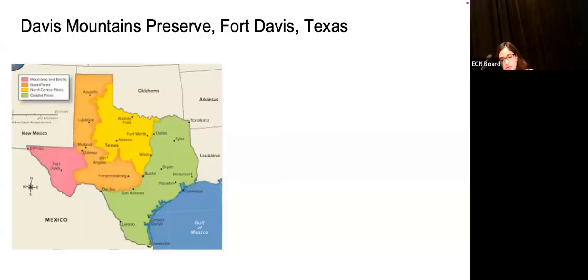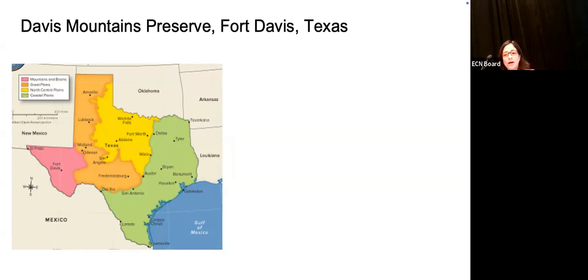So for those of you who are not familiar with Texas, and I'm not familiar with it myself, it's mostly plains. In green, you can see the coastal plains. In yellow, the north central plains, and in orange, the Great Plains.